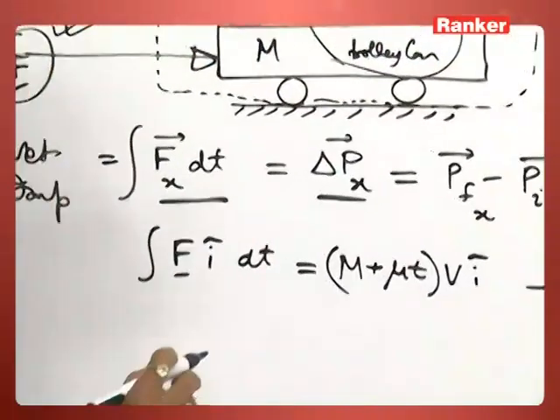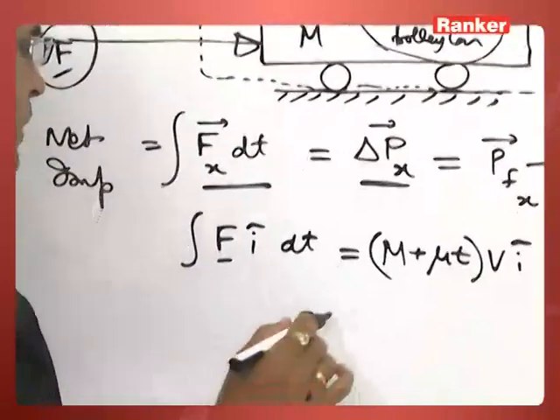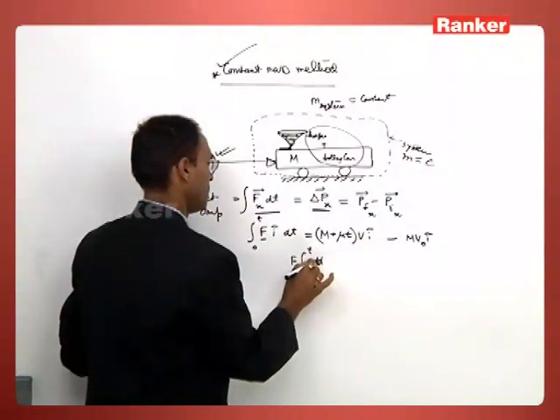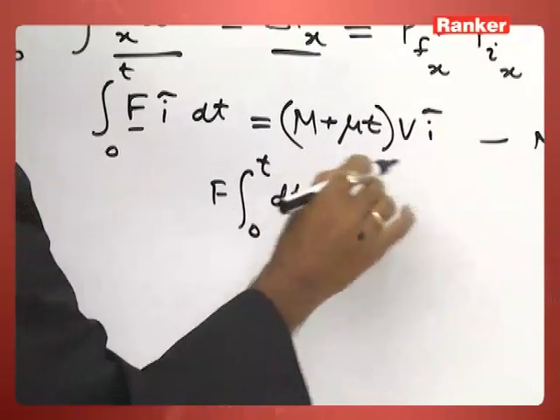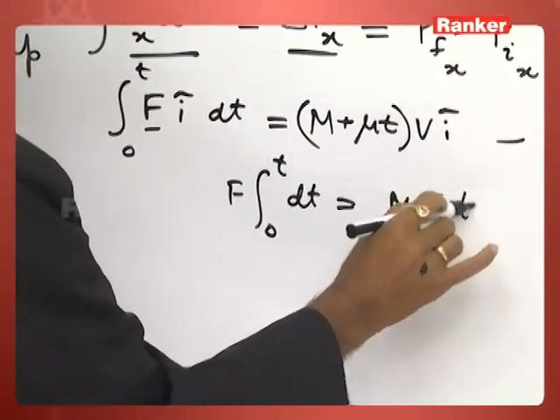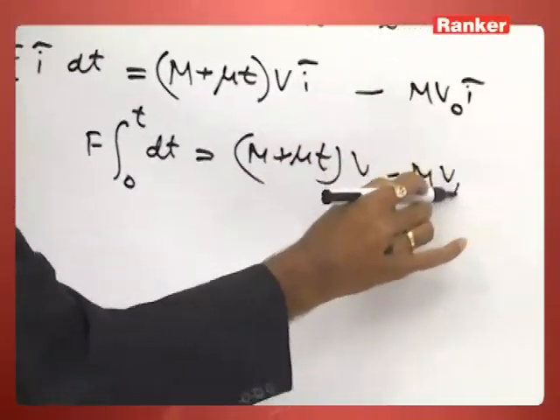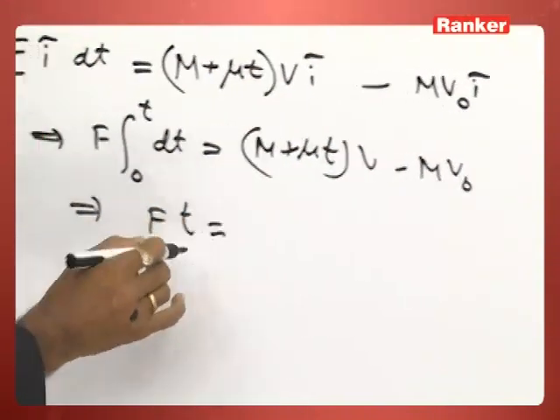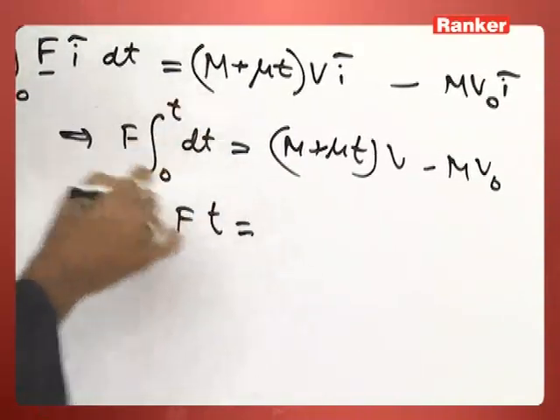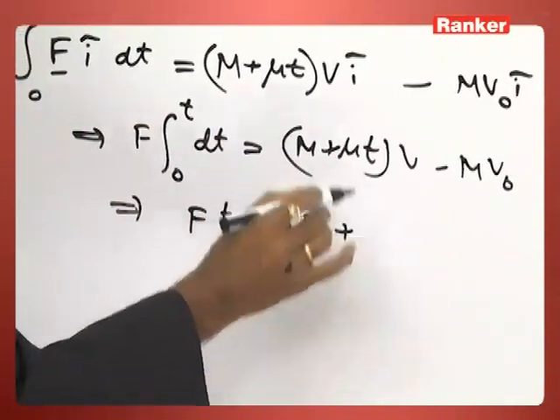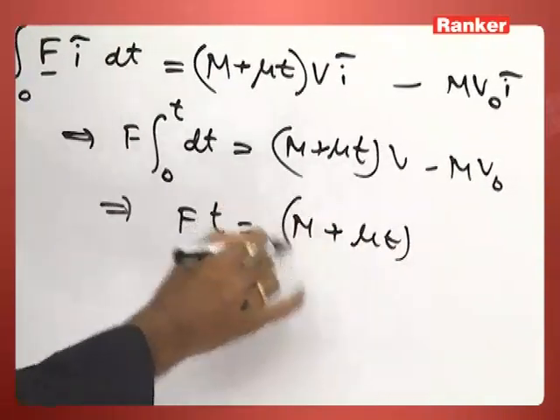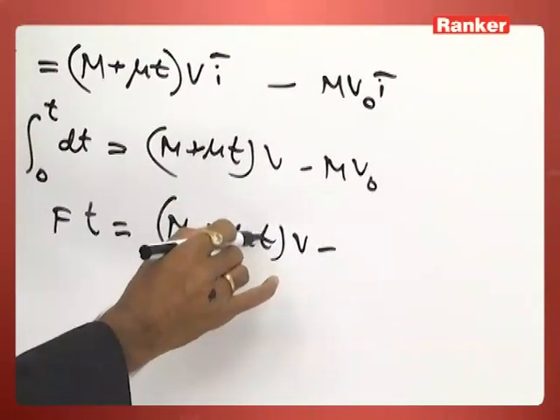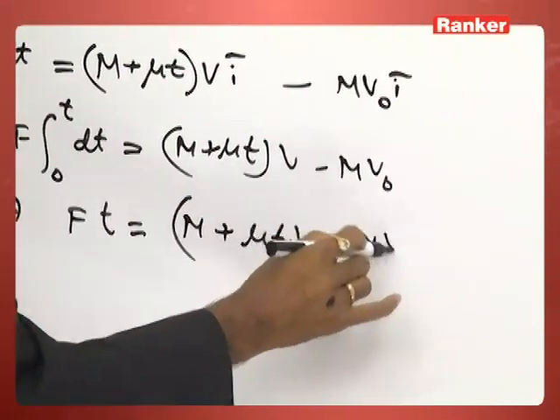If this force is kept constant, take it out of the integral. So we are getting this term equal to m plus mu t into v minus m v naught. So next step is very simple. This will be equal to F into t equal to m plus mu t into v minus m v naught.